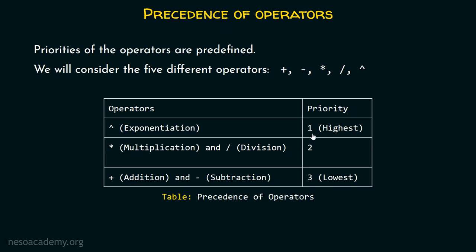So exponentiation has the highest priority, then multiplication and division come, and finally addition and subtraction, which have the least priority among all. So if an expression has all these operators, we have to perform exponentiation first, then multiplication and division, and then finally addition and subtraction.